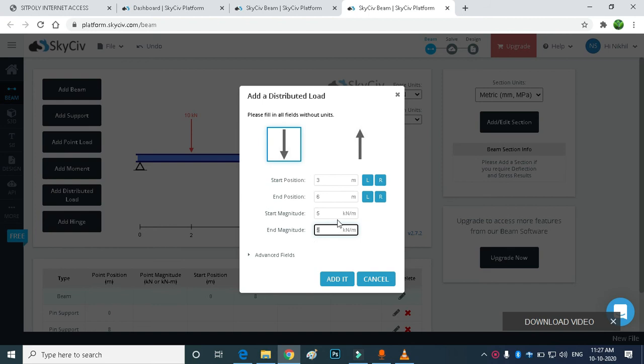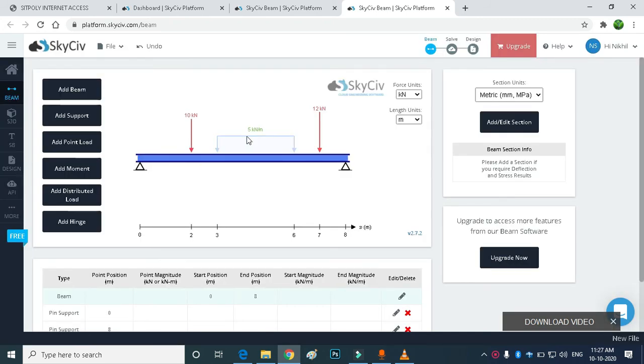And suppose we consider it as 5 kilonewton per meter. We'll put the values as 5 kilonewton per meter at both these places, and then we will click at add it. So we'll have this as the uniformly distributed load. So remember here that from 3 meter to 6 meter we will have a uniformly distributed load of 5 kilonewton per meter.